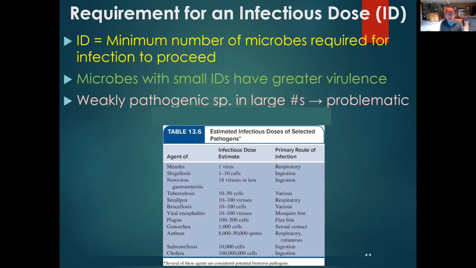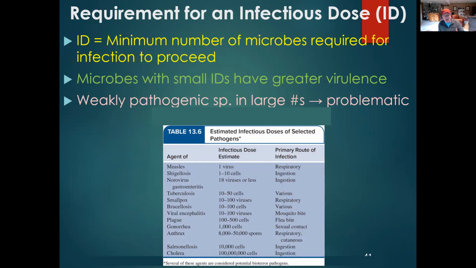And of course, you see in this table a list of some different diseases, infections, right? Their infectious dose estimate and their portal of entry. How do they get into the body? Then you'll notice that some of these diseases, like measles or shigellosis, have very low ID values.